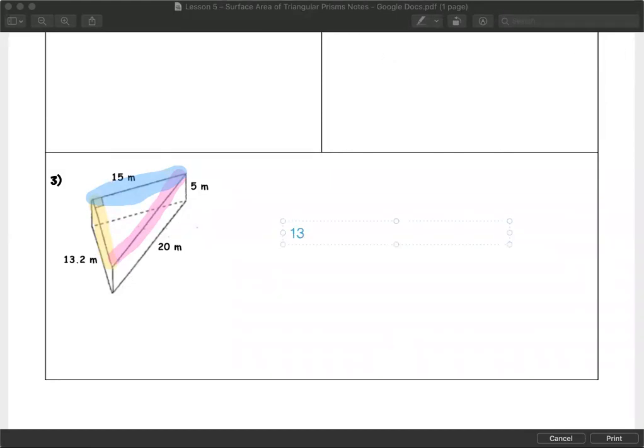So 13.2 goes here as well, right? And the 20 goes up here. I'm going to write that by hand. That might be a little easier. Okay.